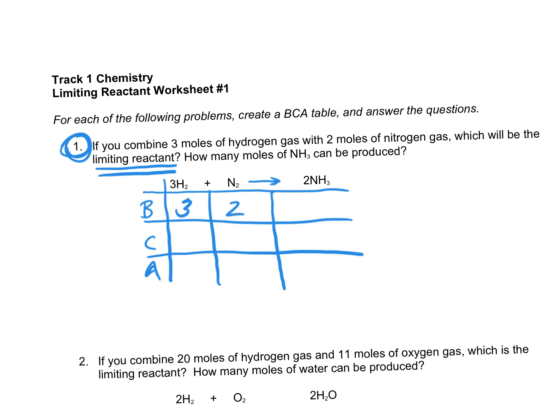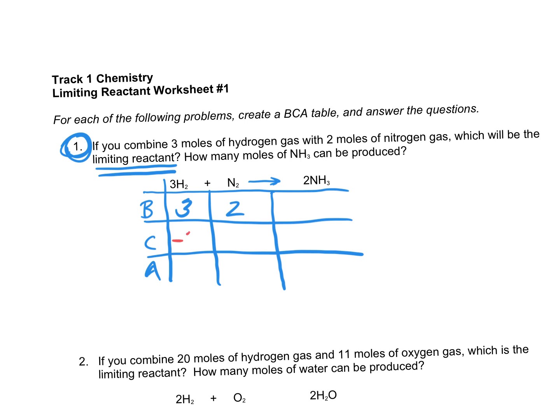All right, what this reaction is telling me is that if I have 3 moles of hydrogen, I need 1 mole of nitrogen. But you can see I'm given 3 moles of hydrogen and 2 moles of nitrogen. I think it's pretty easy to see that we're going to run out of hydrogen and we'll have nitrogen left over. Why? Well, here it is.